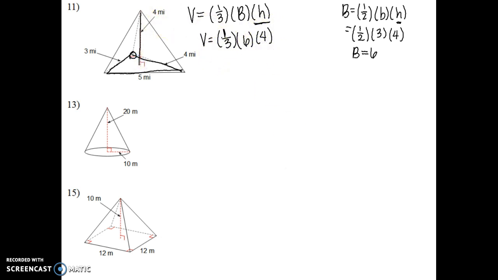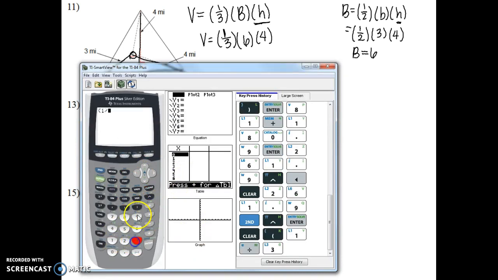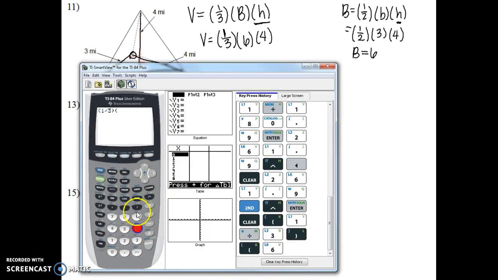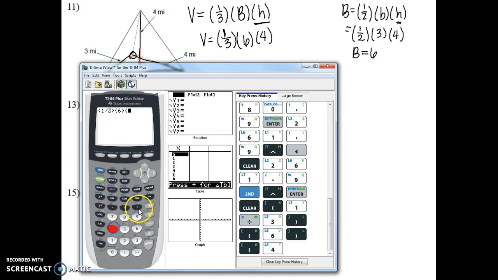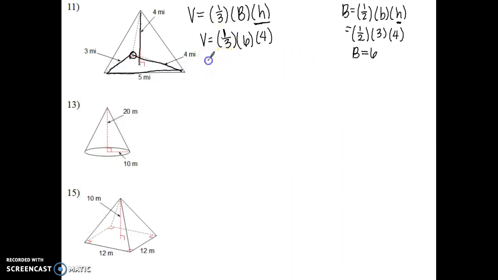If we input that into our calculator, that would be 1/3 multiplied by the area of our base multiplied by the height of our pyramid, and our answer is just 8. So that's going to be 8. Take my units and I am going to cube them.